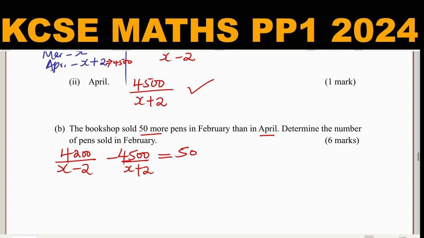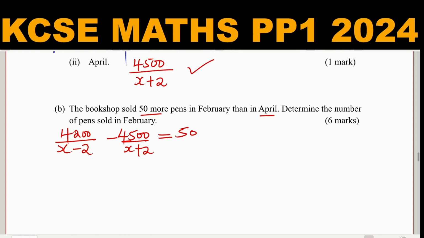To get X, we begin by getting the least common multiple, the LCM, of X minus 2 and X plus 2.